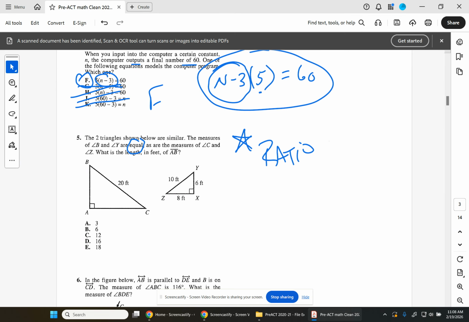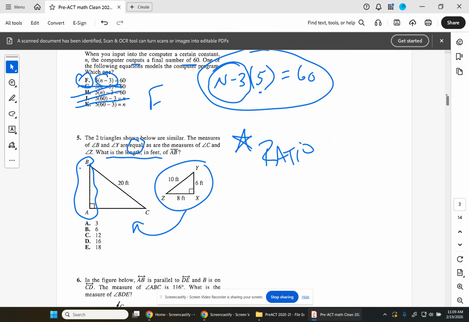However you want to say it. And so then they want to know what is the length in feet of AB. So it's that one right there. And then it's equal to this one over here. So let's just transpose this to that, and then we'll know the answer.